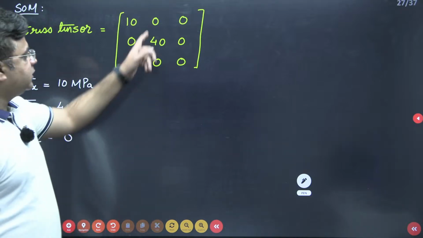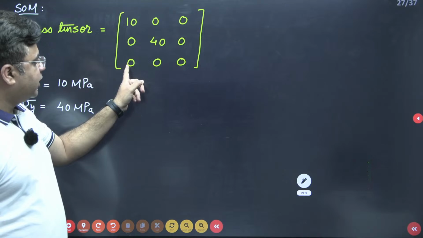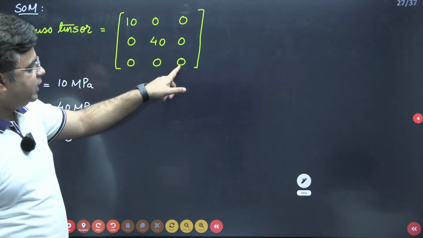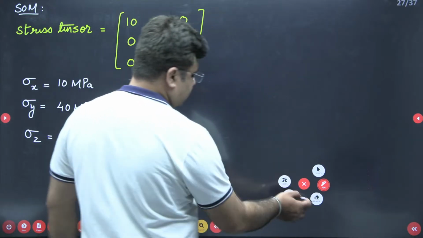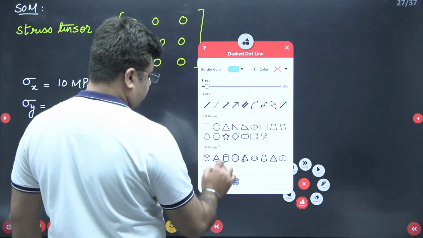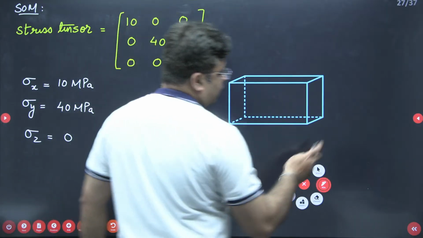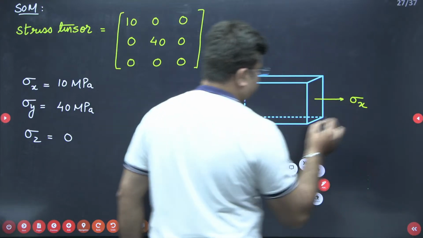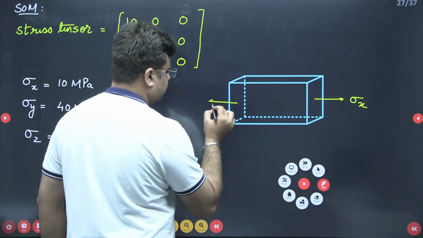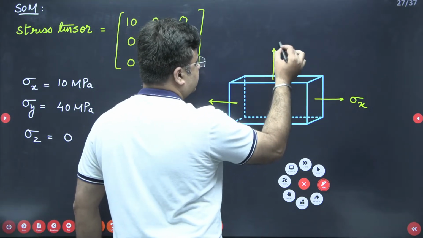All the shear stresses tau xy, tau xz, tau yx, tau zy, tau zx, and sigma zz, all these values are equal to 0. So if you consider this state of stress, it looks like this. This is my element. For this element, this is sigma x. This is sigma x. This is sigma y.